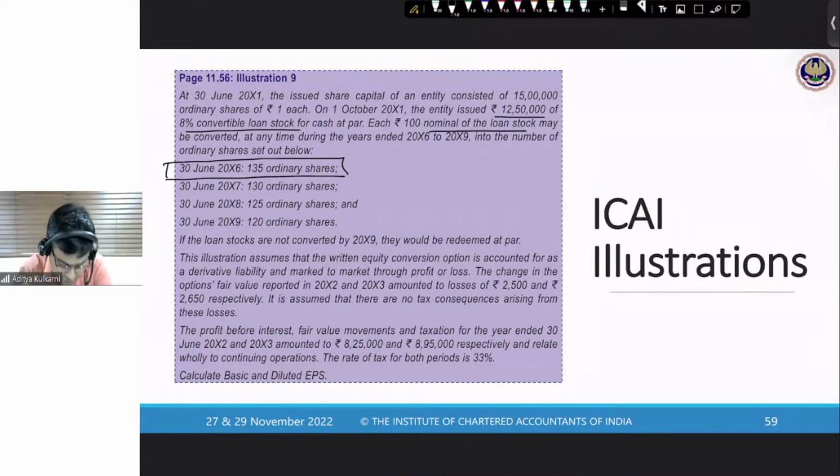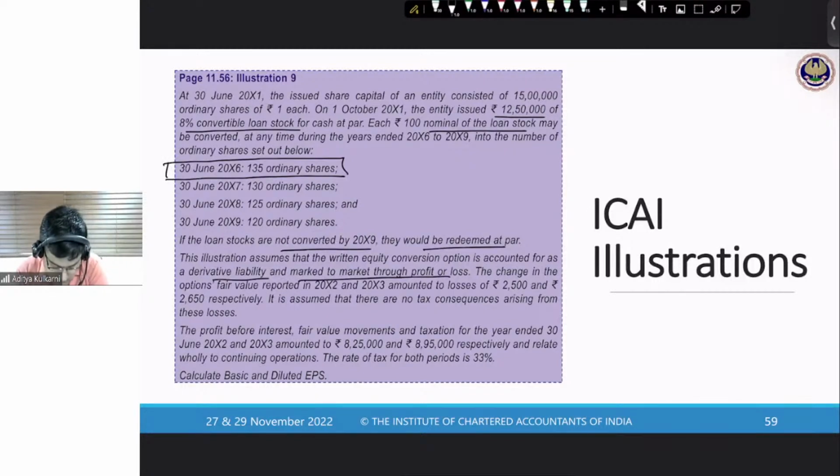If the loan stocks are not converted by 20x9, they would be redeemed at par. This illustration assumes that the written equity conversion option is accounted for as a derivative liability. Okay. And marked to market through profit or loss.